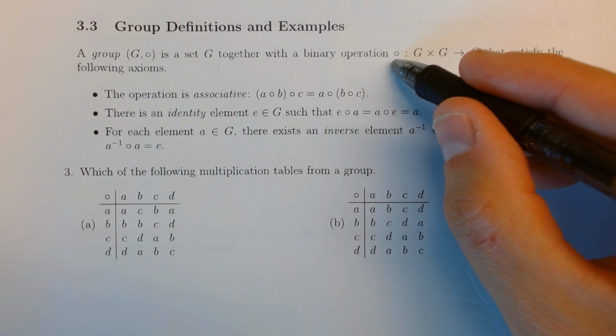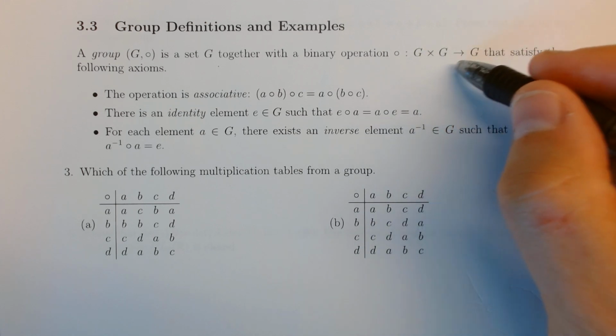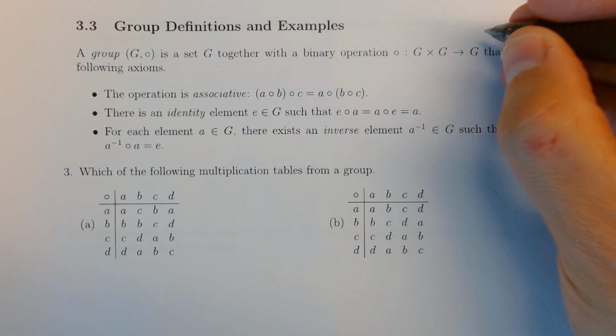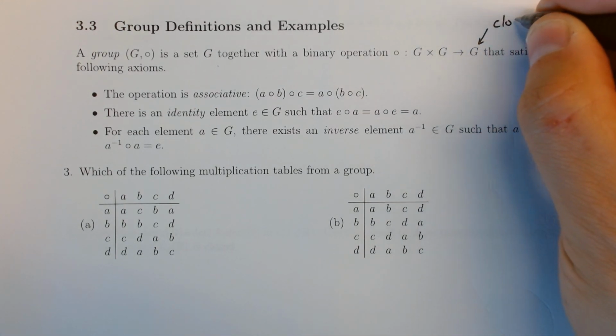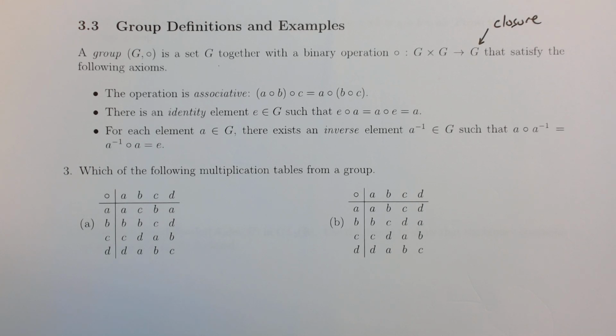But what that operation does is take two elements from the set G and bring it back to G. So you may have heard that a group has to be closed. This is actually telling us that it's closed. We say that it has closure because the binary operation takes two elements from the group and does something to them, but brings you back to the group.